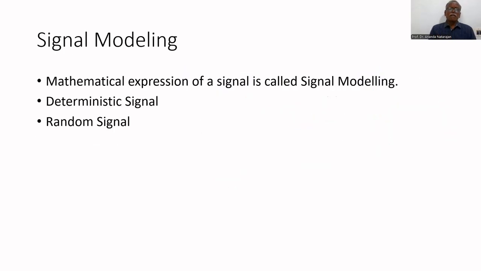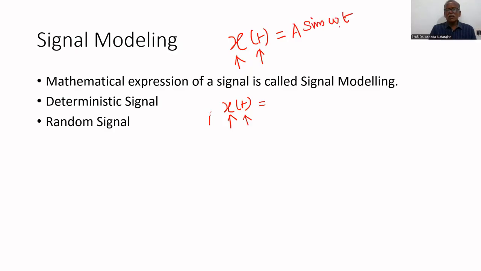Now, signal modeling. The signal can be represented as x of t. X is the dependent variable, t is the independent variable. So x is a function of t. Here we are representing x as a function of t. This can be written as A sine omega t, where A is a constant and omega is also a constant. t is the independent variable.